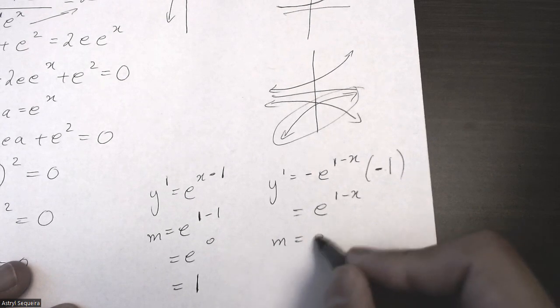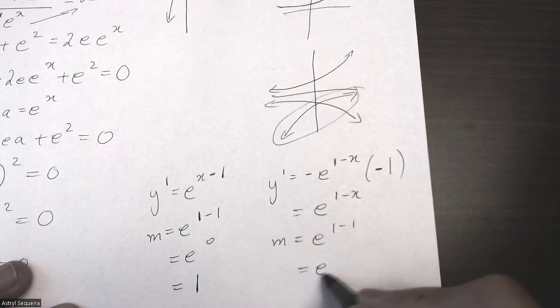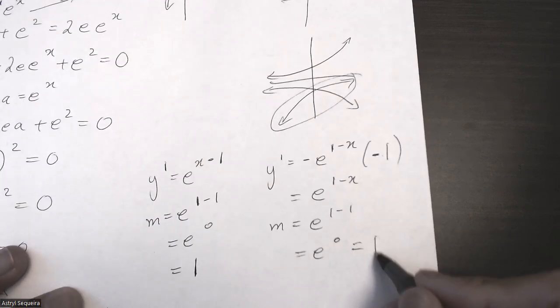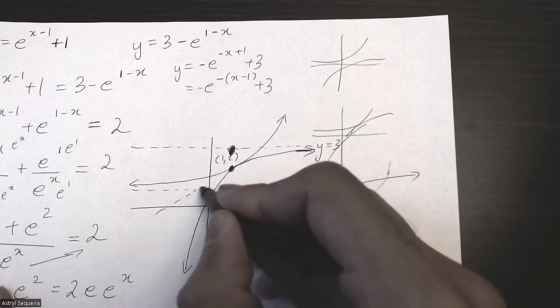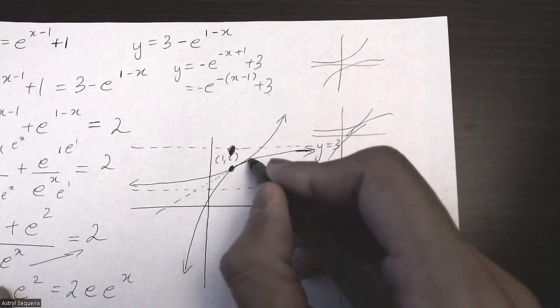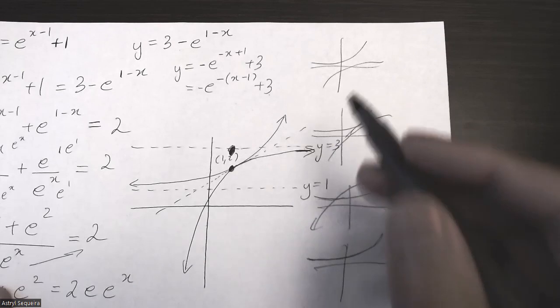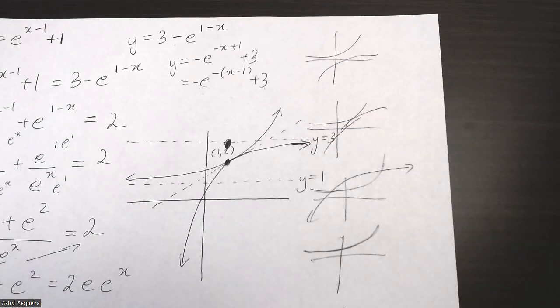So my slope is e to the 1 minus 1, which is e to the 0, which is also positive 1. So these two functions have the exact same tangent line as well. In this case, they both have a slope of 1. You could find the tangent line if you wanted as well, but it's not required in this question.